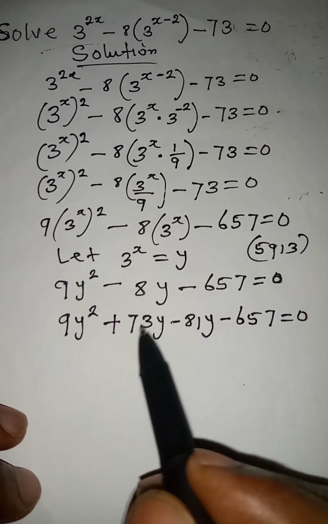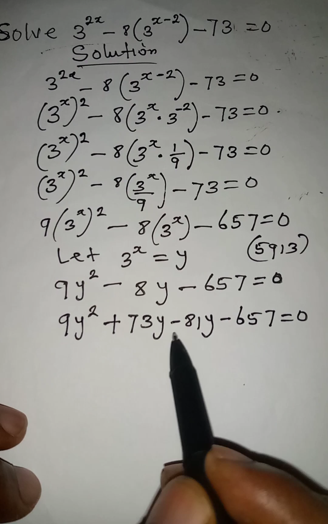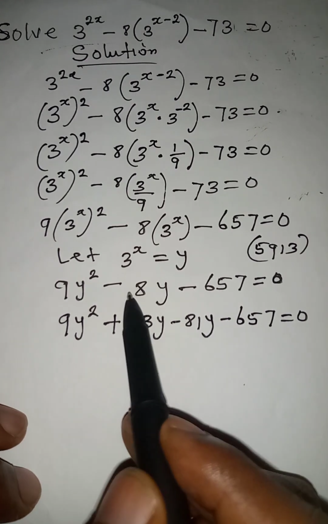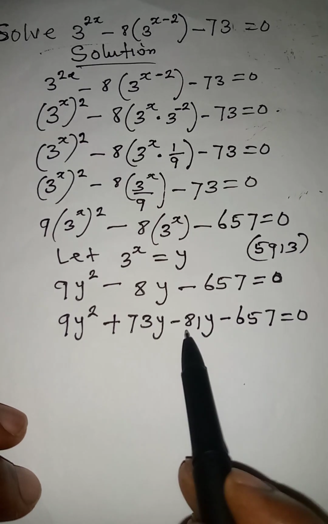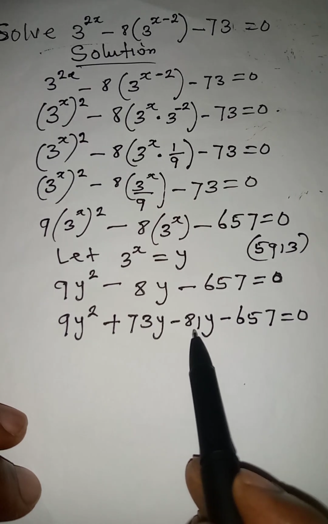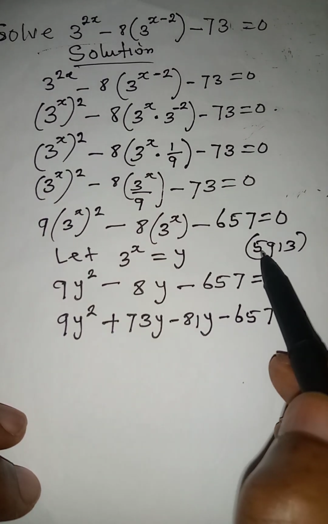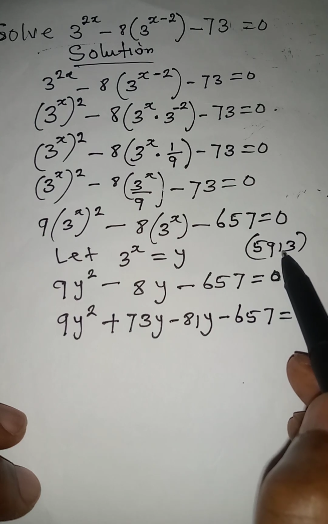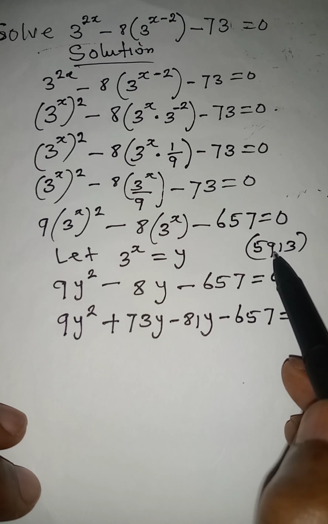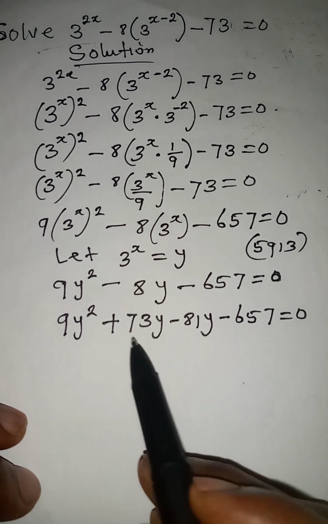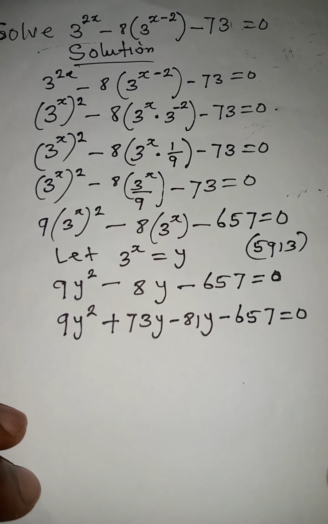This is because plus 73y minus 81y will give us minus 8y. Then 73 multiplied by minus 81 will give us minus 5913. So this means that this is now a balanced equation.